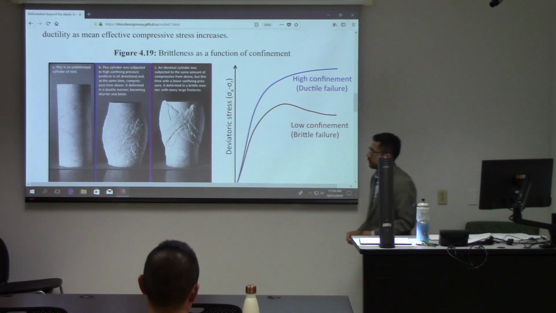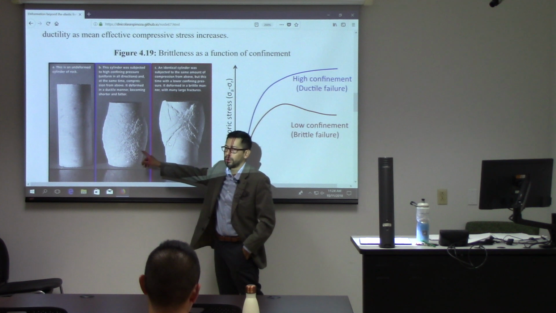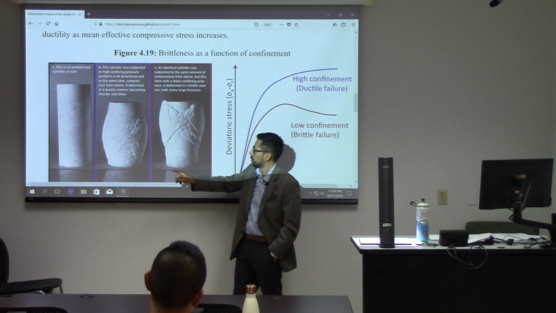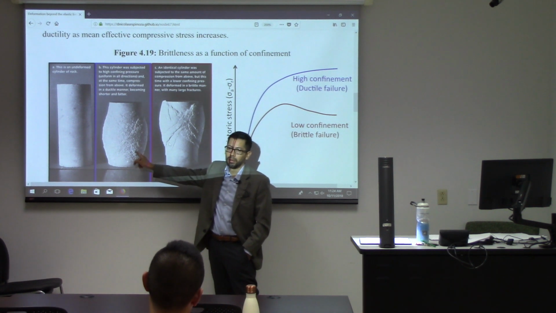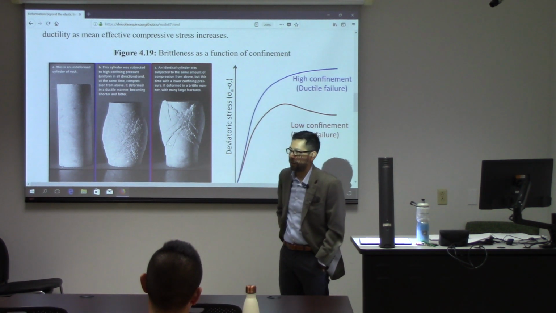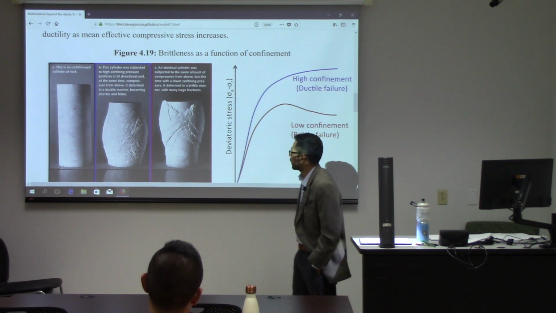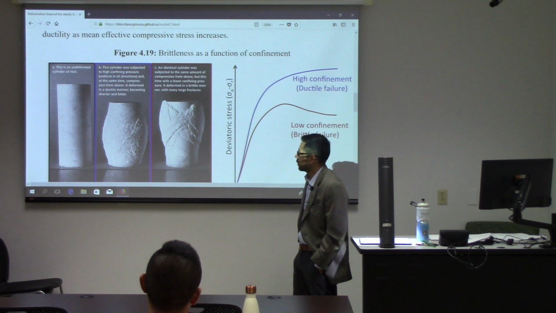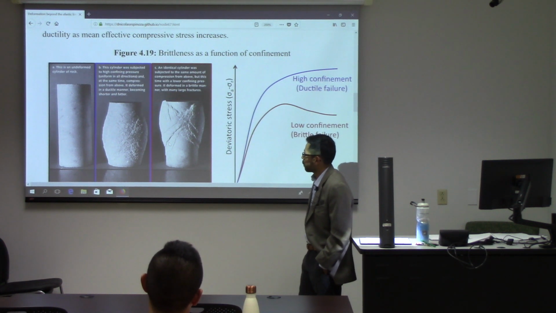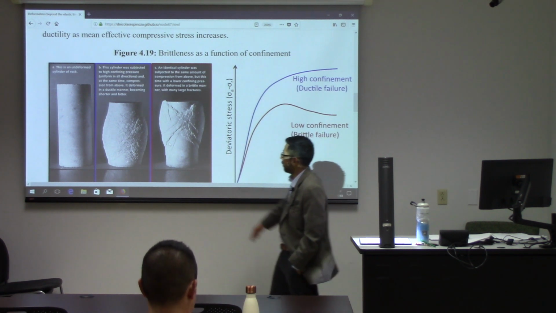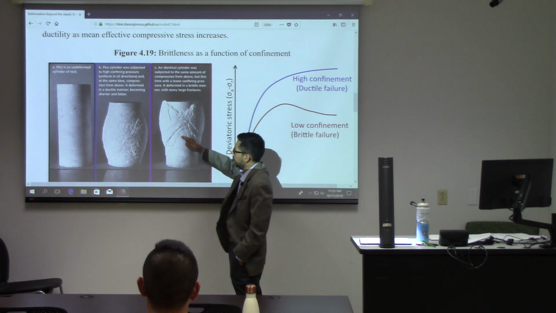Which one do you think is going to increase permeability? The brittle failure or the ductile failure? Why? Because it looks like the fractures have opened up more and they're better connected. In summary, yes, the brittle failure will be better for creating fractures that are connected.